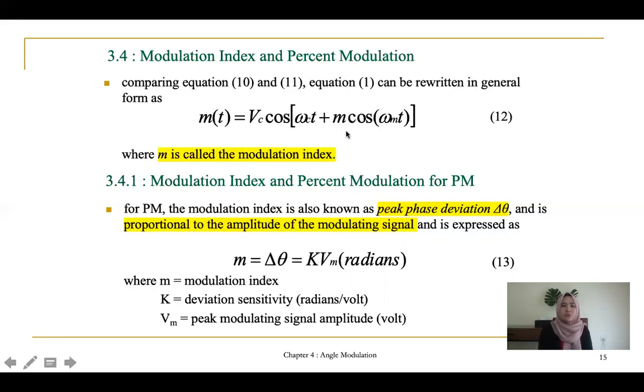First we'll look at the modulation index and percent modulation for phase modulation. For phase modulation, the modulation index we also call the peak phase deviation, or delta theta. It is proportional to the amplitude of the modulating signal. So this is the equation for modulation index for phase modulation: m equals delta theta equals K Vm. Why K Vm?